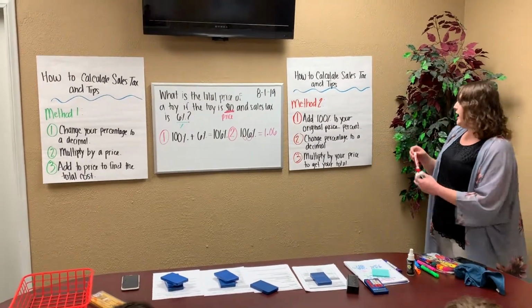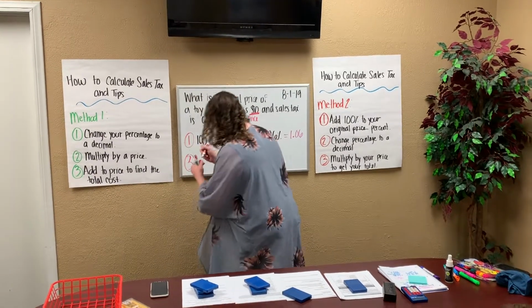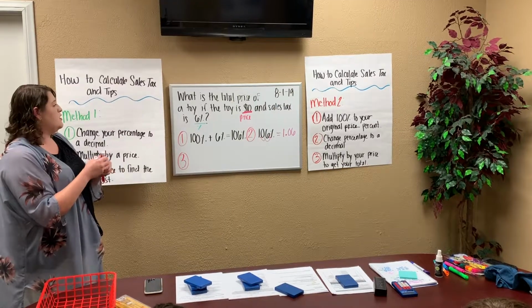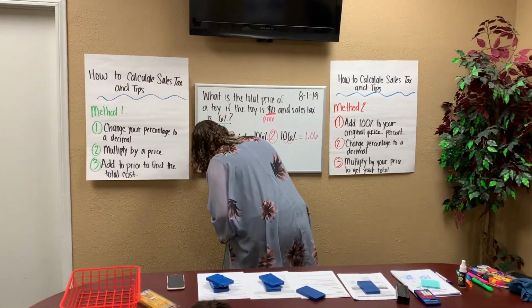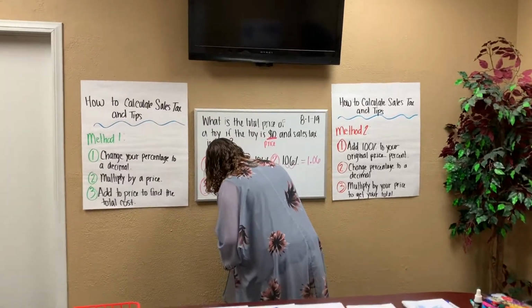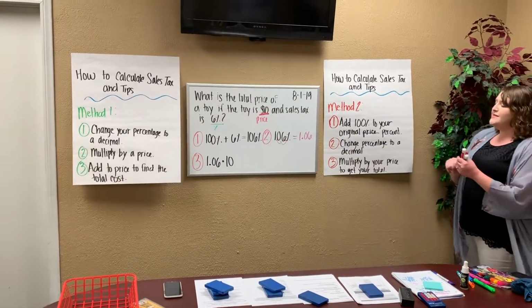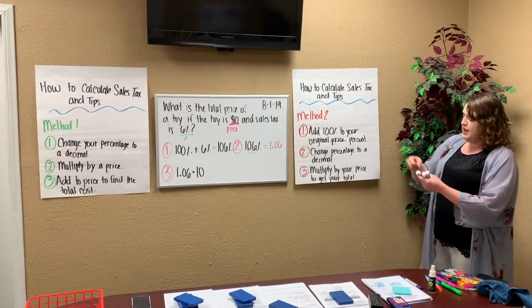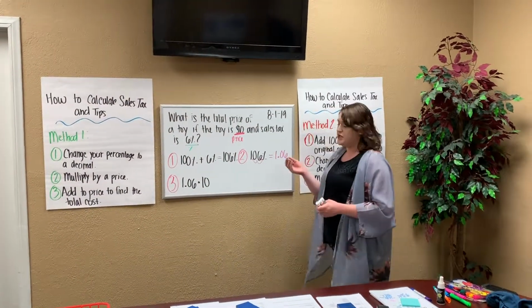Are we okay with step 2? Okay, our third step, we are going to multiply our new percentage, that 1.06, by our price, which is still $10. This time I am going to put this one on top to make my multiplication easier.